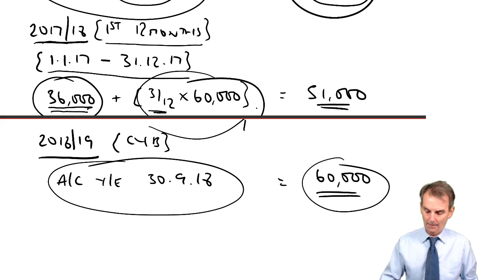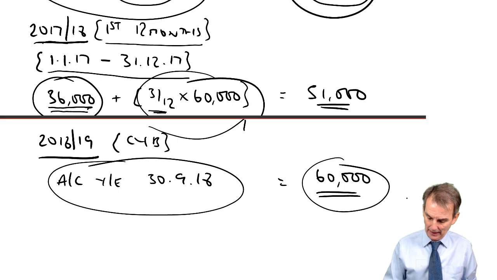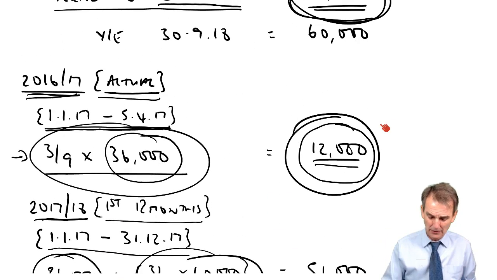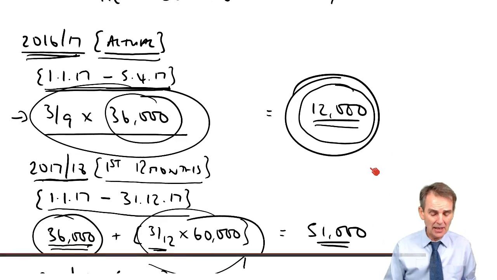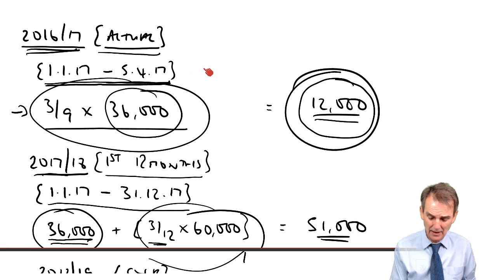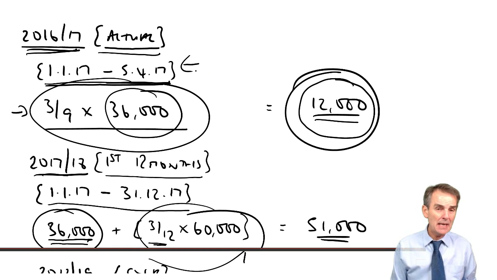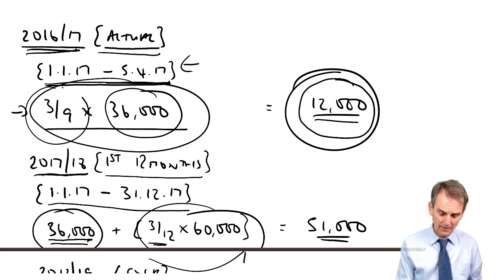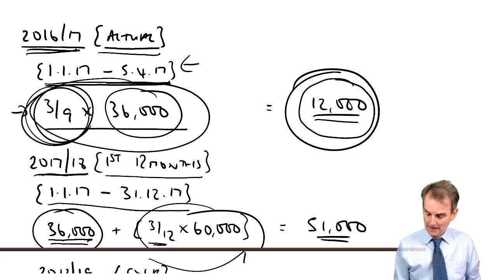Look at it this way: in that opening tax year, 2016-17, you traded for 3 months. How many months' worth of profit have you been assessed on? Answer, 3 months. In every remaining tax year from that point, you traded for 12 months.